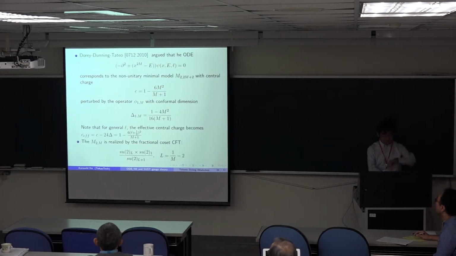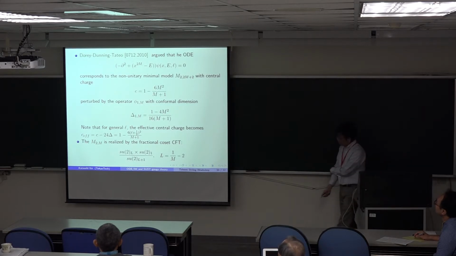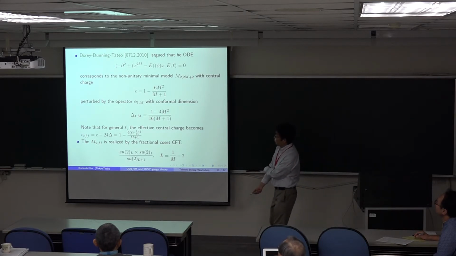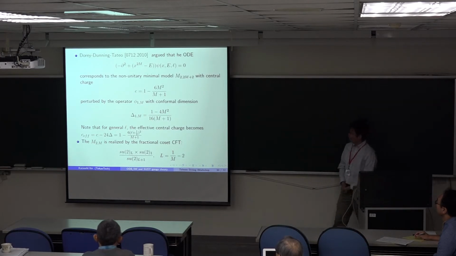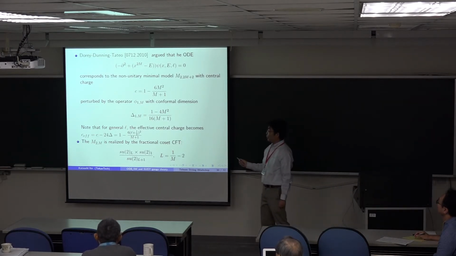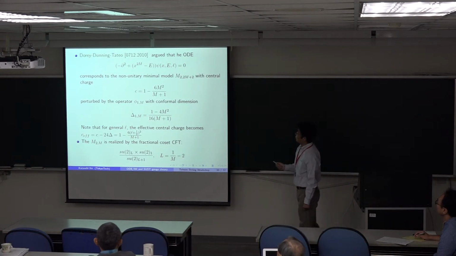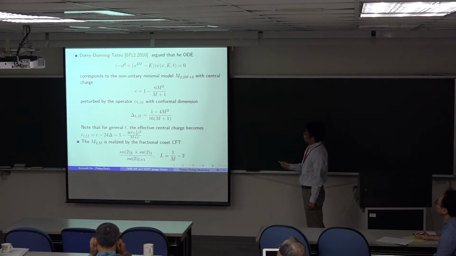So we will check the central charge against that of Dorey, Dunning and Tateo, in a very different context in connection with ODE/IM. They computed the central charge from that ODE. This is second order with potential 2M, where M we assume to be integers.